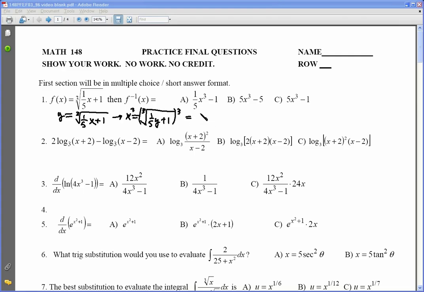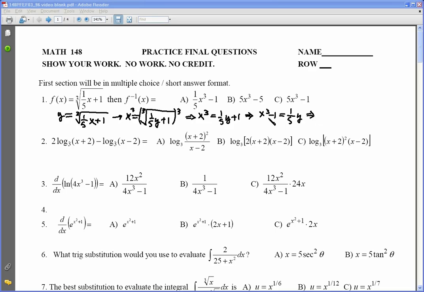So we've got x cubed equals 1/5 y plus 1. Bring the 1 over as a negative. So then x cubed minus 1 equals 1/5 y. And then multiply both sides by 5.